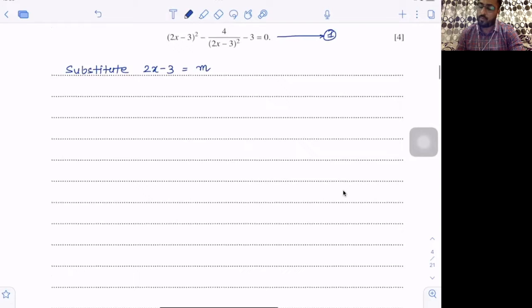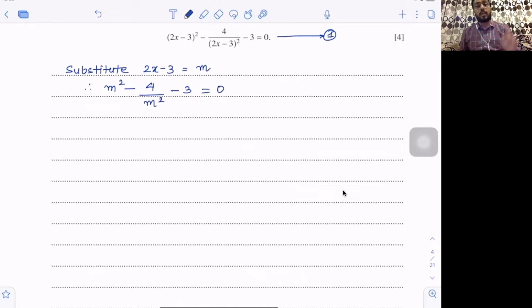So equation 1 becomes m square, right? Because you are writing 2x minus 3 as m. So it's m square minus 4 upon, so again 2x minus 3 is taken as what? It is m. So m square minus 3 is equal to 0, right, students? So it's m square minus 4 upon m square minus 3 equal to 0.